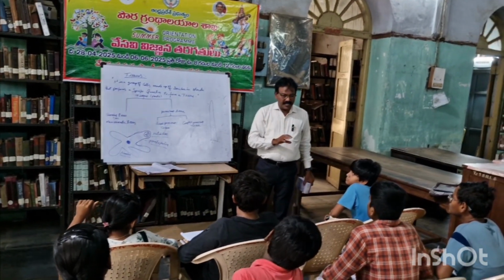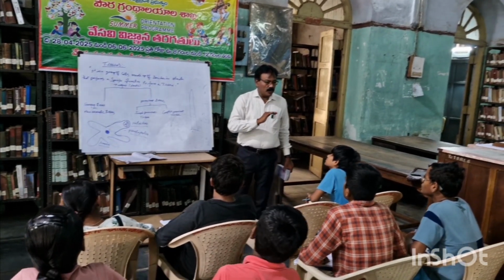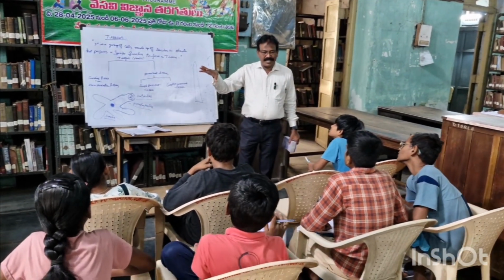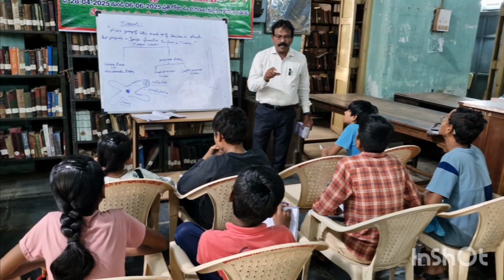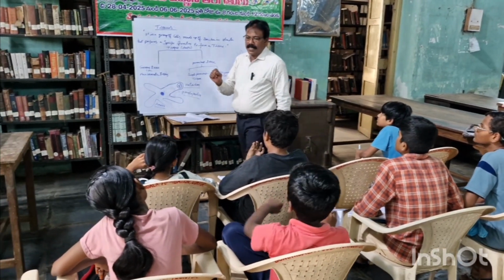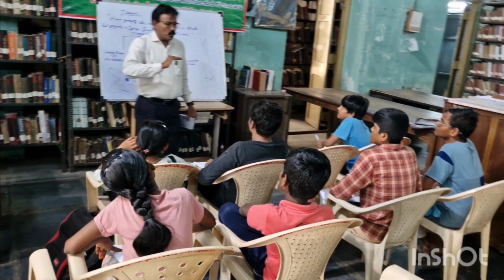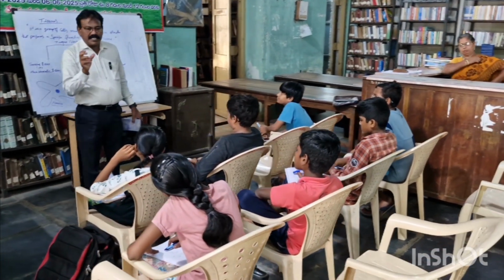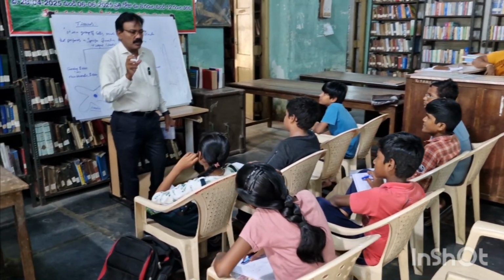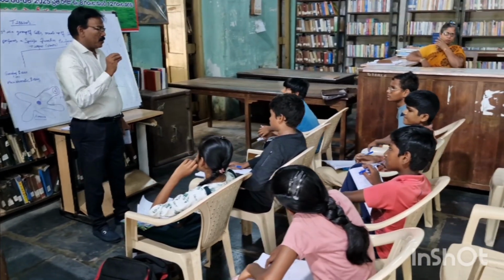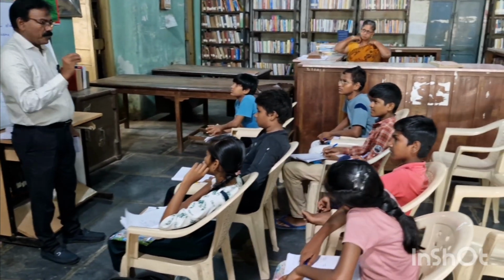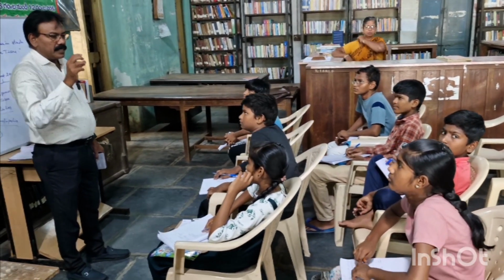So, in plants, growth and development is not uniform. Understand my point? In plants, growth and development is not uniform, and it does not occur throughout its life. It is at some point, particularly from the tip.